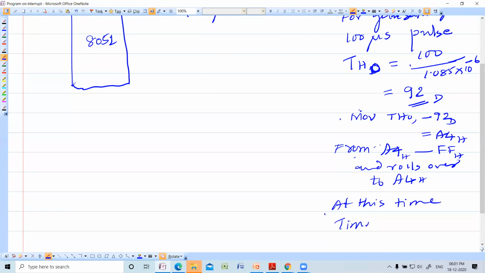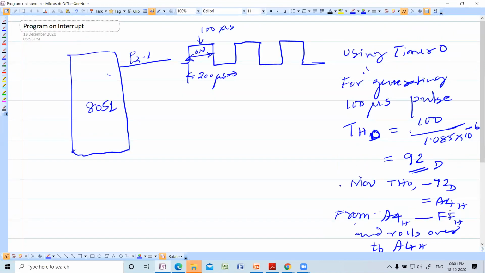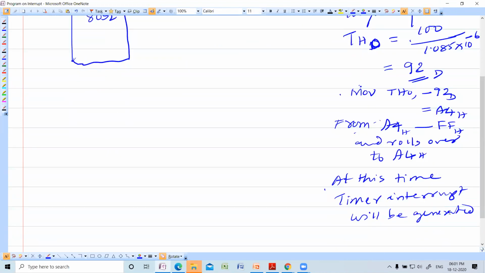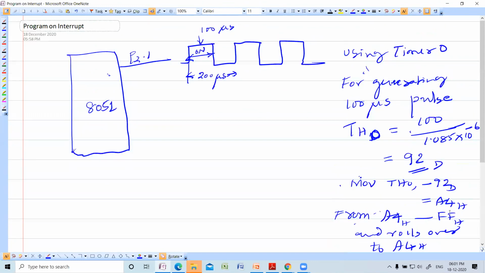At this time, the timer interrupt will be generated.